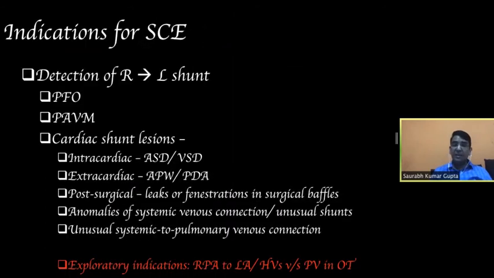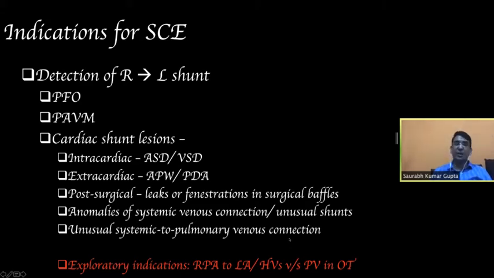Now, other indications are detection of different types of right to left shunt within the heart or outside the heart. The most common indication we all know is patent foramen ovale, then pulmonary arteriovenous malformation, cardiac shunts at the atrial, ventricular, and pulmonary level, patent ductus arteriosus, or sometimes in post-surgical settings, when you can look at leaks or fenestrations in surgical baffles, anomalies of systemic venous connection, or unusual systemic to pulmonary venous connection.